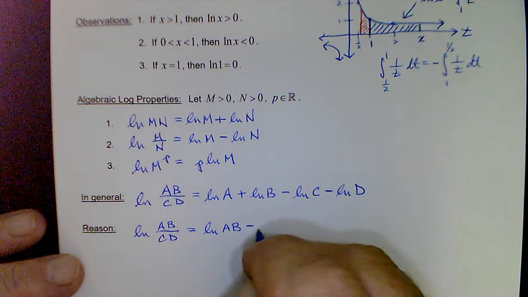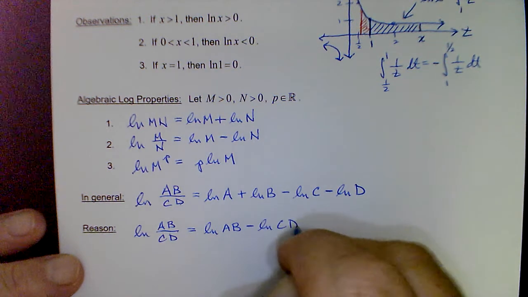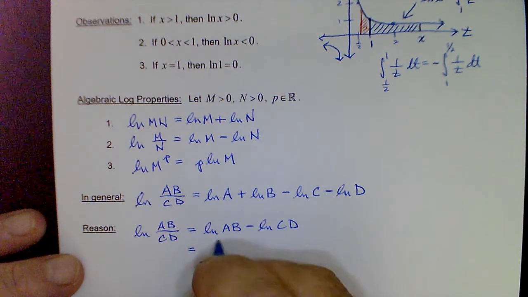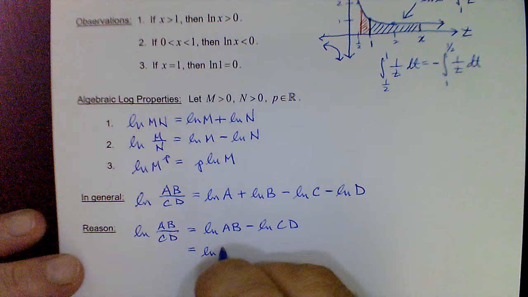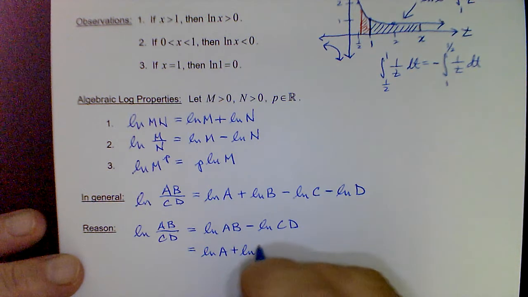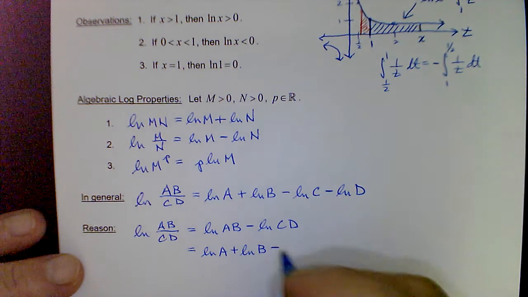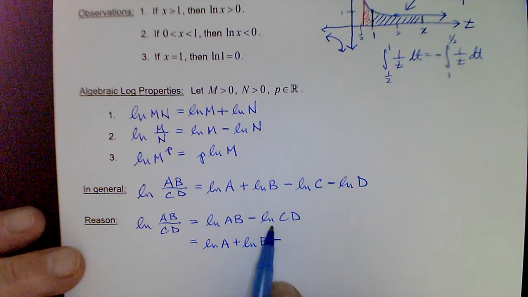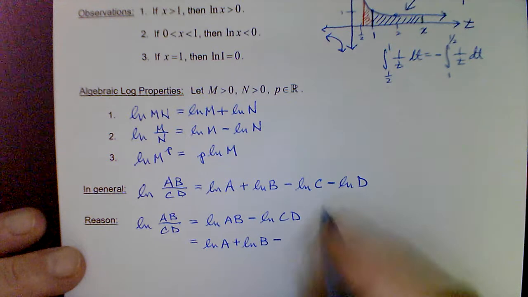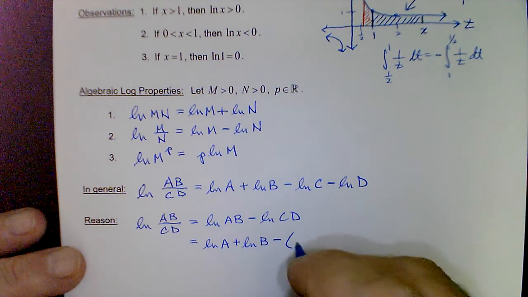So natural log of AB minus natural log of CD. And then on each of those, the product. So the natural log of A plus the natural log of B, but then minus. But if I'm about to break this down into two terms, I need parentheses.